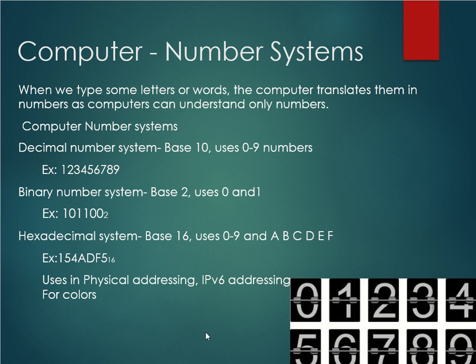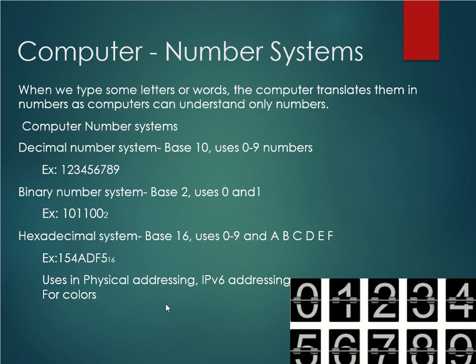And I mentioned this hexadecimal system because nowadays it is used in the network field to address a computer. And also there are some codes like color codes that use the hexadecimal system.